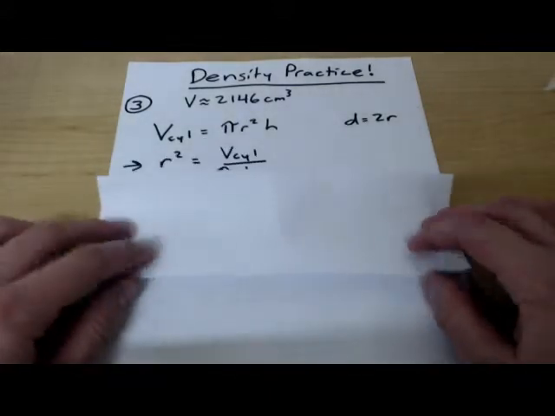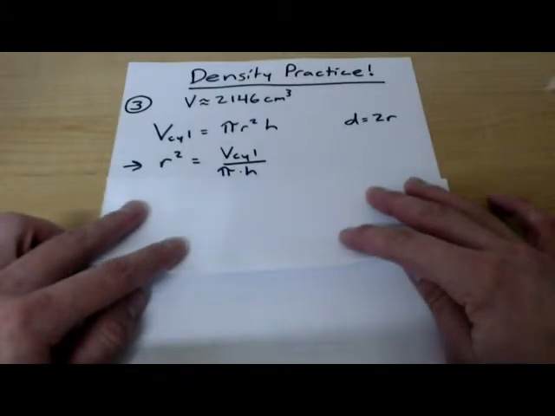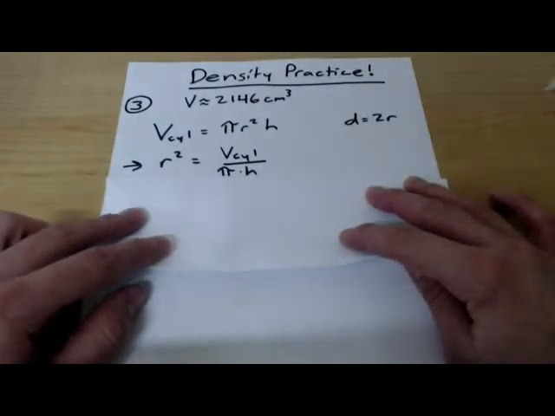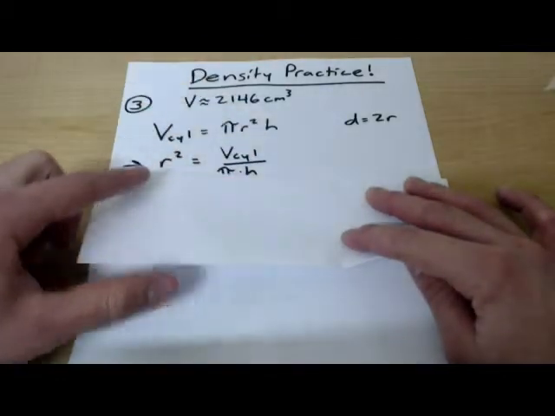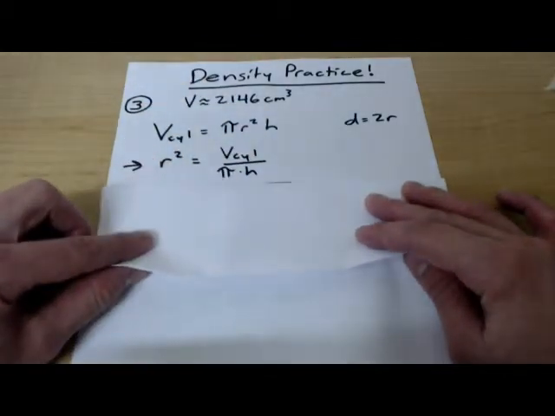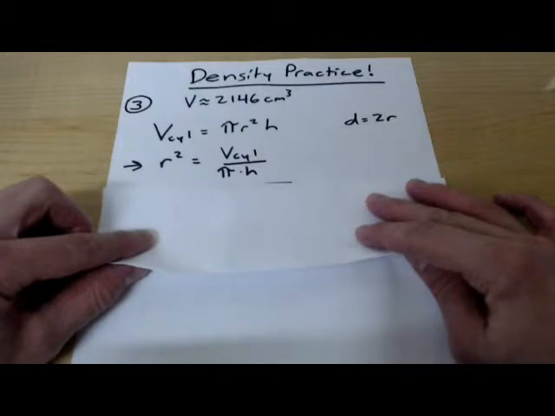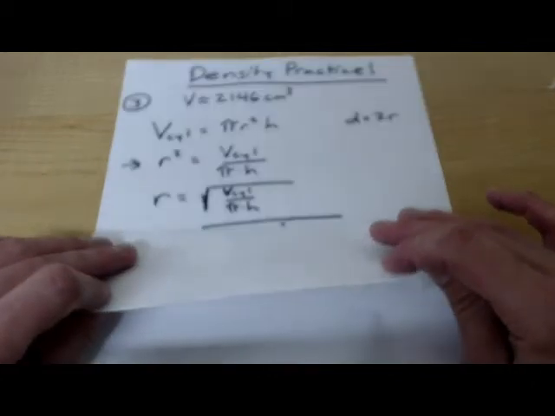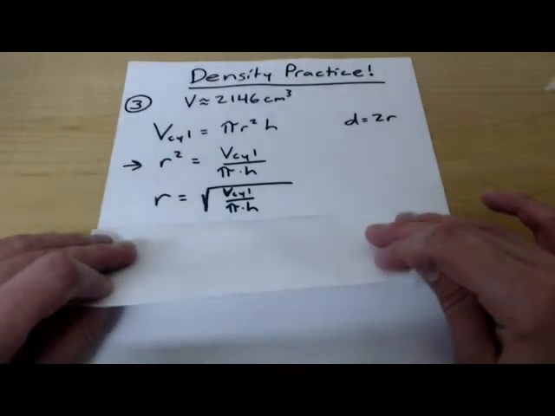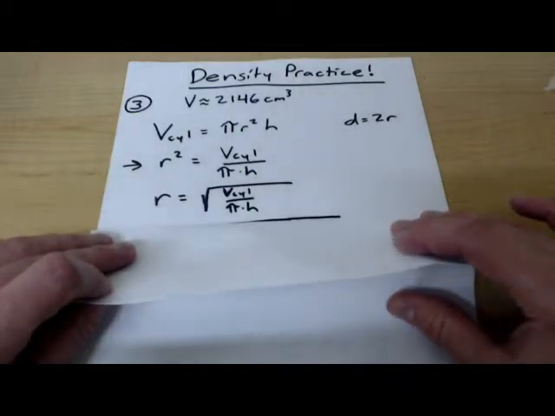Solving this equation for r squared, we can divide both sides by pi h and get r squared equals volume of a cylinder divided by pi h, right? And then we can get r by itself by taking the square root of that value. So r is going to equal the square root of the volume of the cylinder divided by pi h.